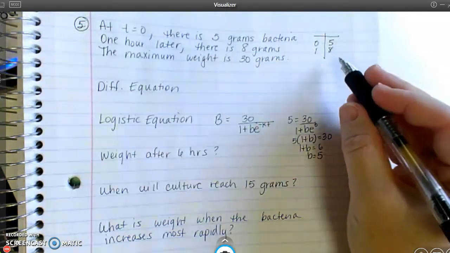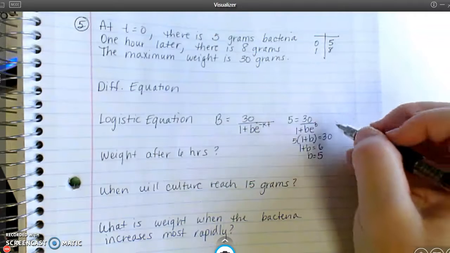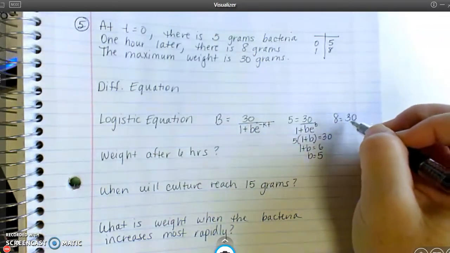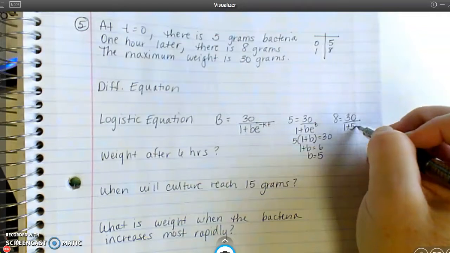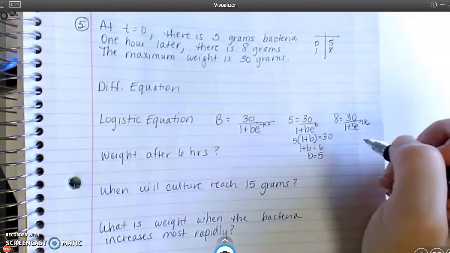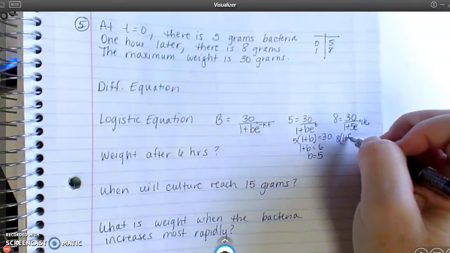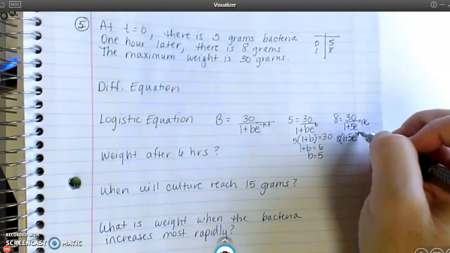Next, you're going to figure out what k is using the 8 and the 1. So 8 equals 30 over, we already know b is 5, 1 plus 5 e to the negative 1k. Again, I would cross multiply, 8 times (1 plus 5e to the negative k).